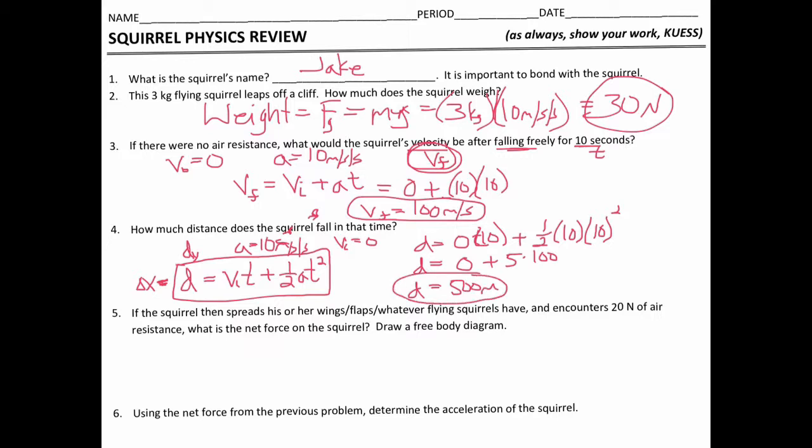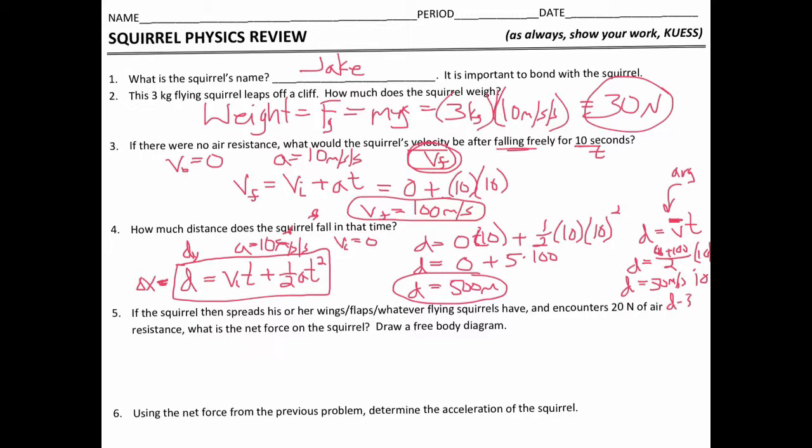Also, you could have said that d equals vt, right? But this needs to be an average velocity. That'll only work because we're accelerating if we use an average velocity. So on average, between 0 and the 100 meters per second that it finished at, I take the average of those two numbers, between 0 and 100, which gives me 50 meters per second on average, times 10 seconds.